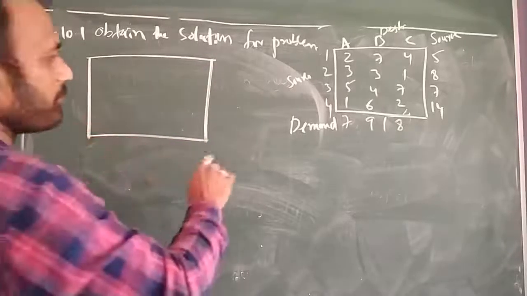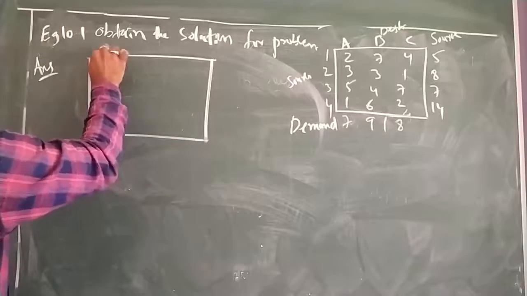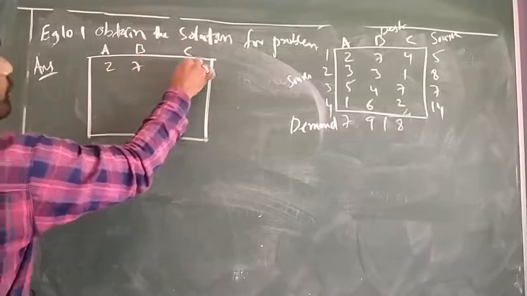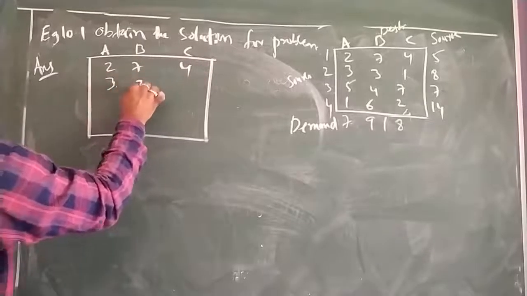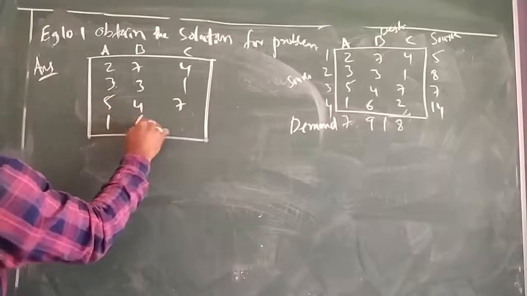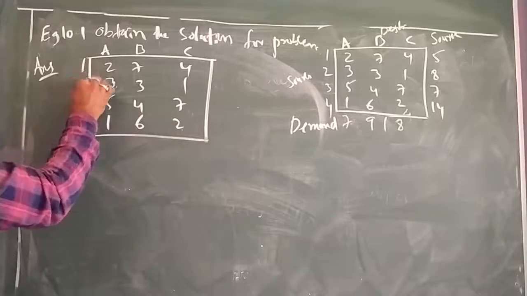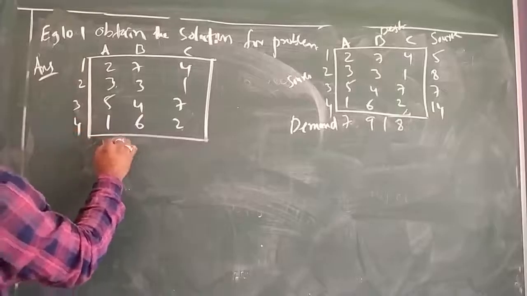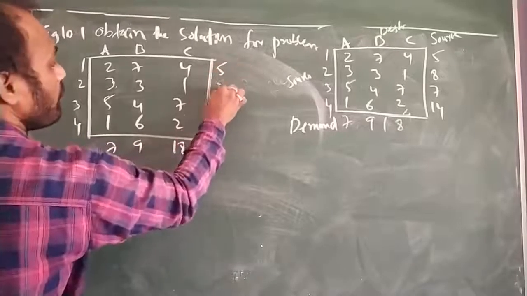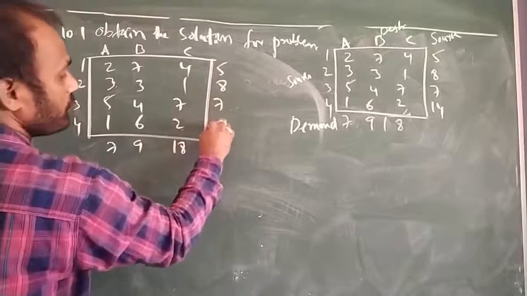While applying, let me write it as it is: A, B, C, with costs 2, 7, 4, 3, 3, 1, 5, 4, 7, 1, 6, 2. Destinations 1, 2, 3, 4. Supplies 7, 9, 18. Demands 5, 8, 7, 14.